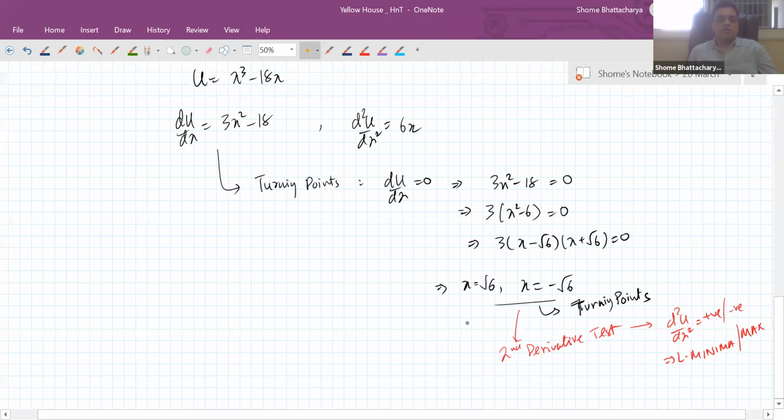From this you can see that at x equal to root 6, the second derivative's value is 6 root 6. It's positive.